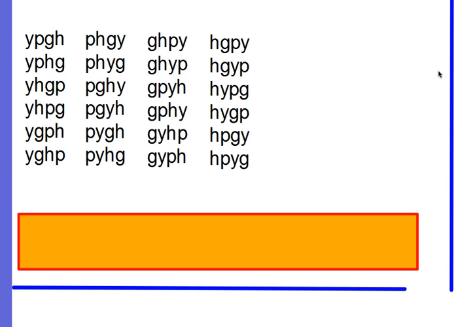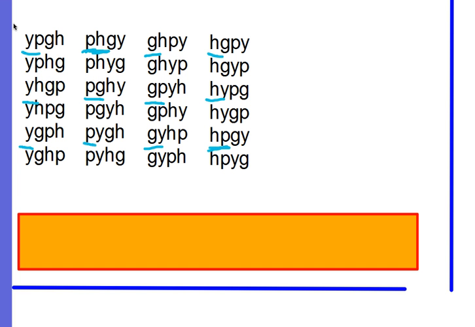Let's have a look at them. YP, YH, YG. Those 3, those 3, and those 3. But now we get to move to combinations. You see, when they're in order, then HP, for instance, is unique to PH.